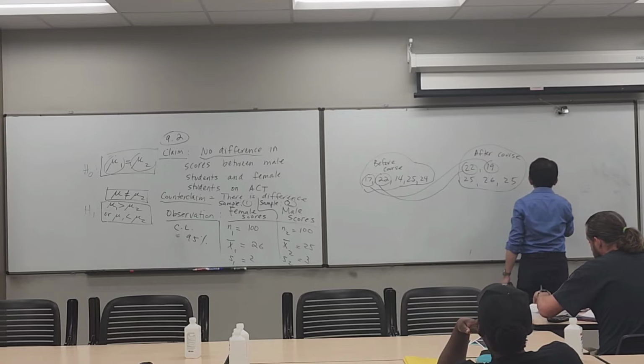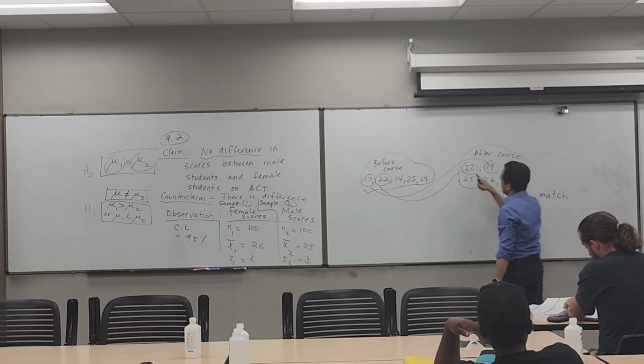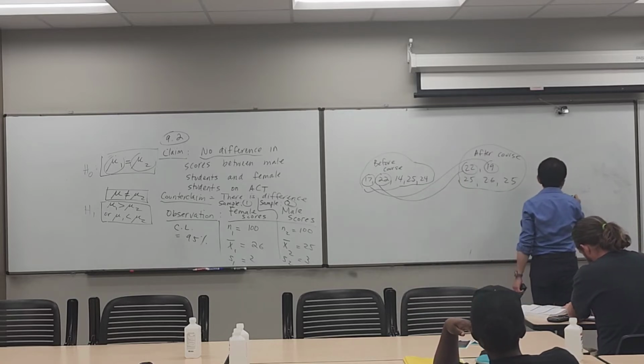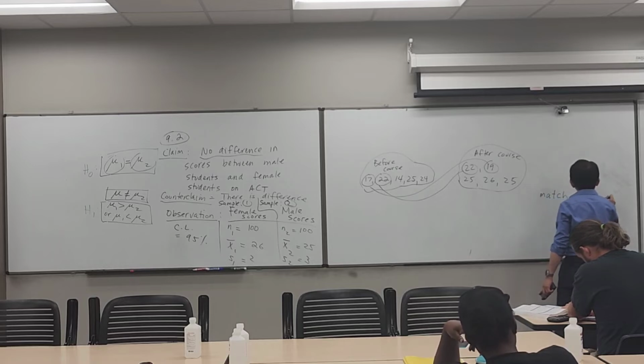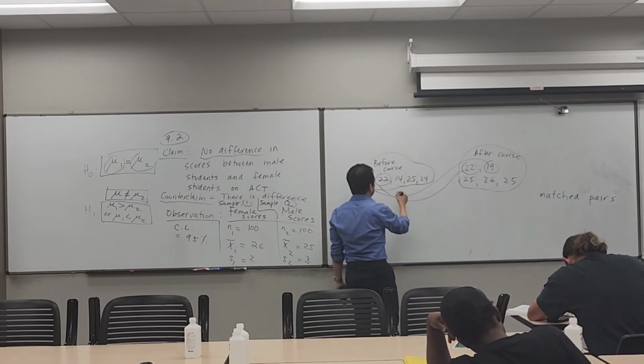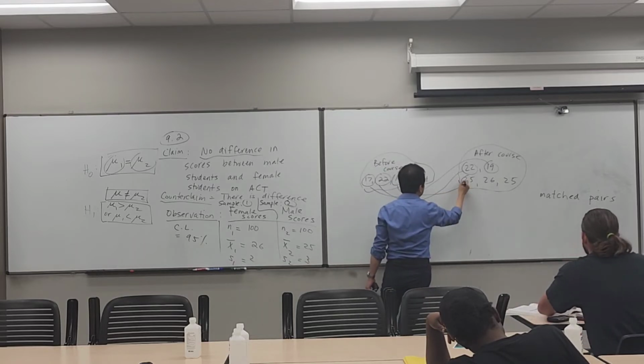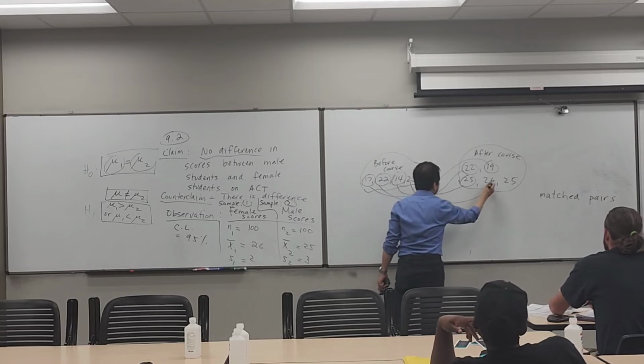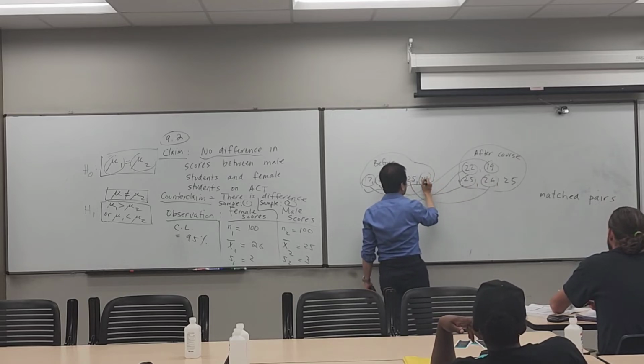So now you match the pairs of each group. And let's say that you know that this score happens to go with this score, and this score goes with this score, and this before goes with this after.